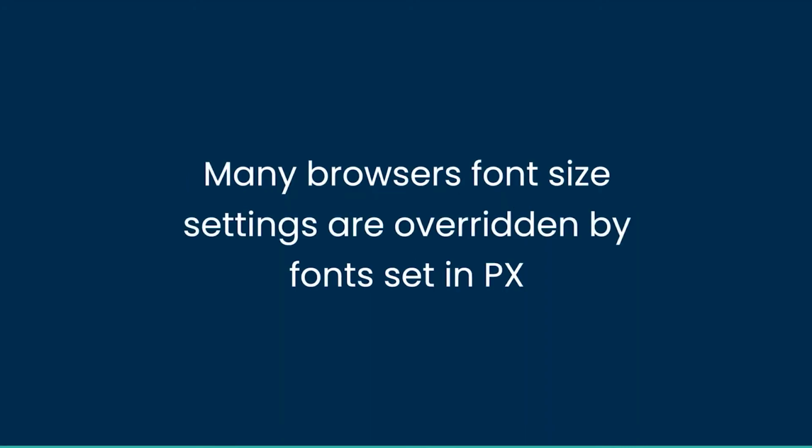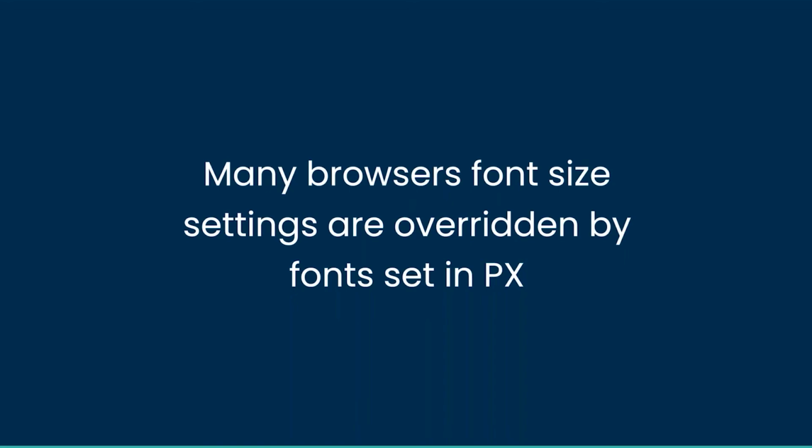Users quite often will set a different size font in their browsers or on their operating system, OS wide. So if they have problems reading small text, they'll bump it up. And sites that set the text size in pixels often override that user preference.